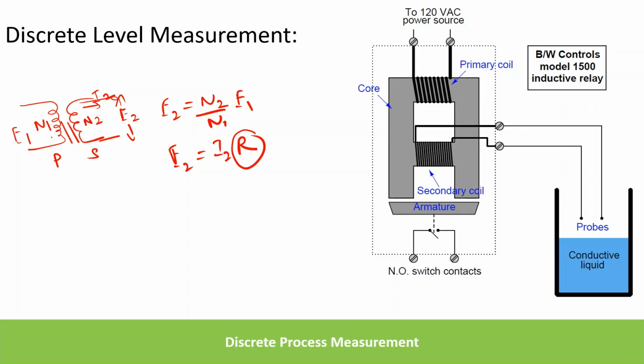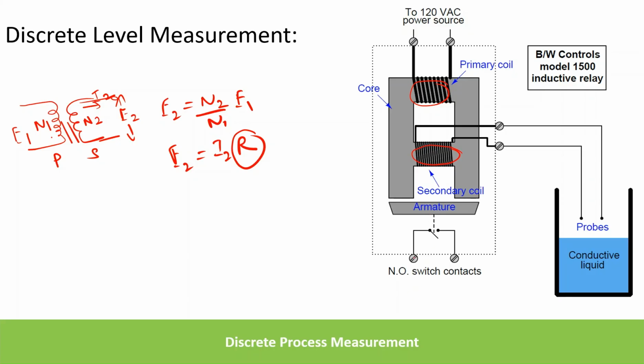So how this level measurement works, we'll see. These are the probes used for level measurement, and these are inserted into the tank where your level needs to be measured. These probes are connected to the secondary of this inductive relay. This is the primary winding or primary coil, and this is the secondary winding or secondary coil. And this is the armature, to which the contacts are connected.